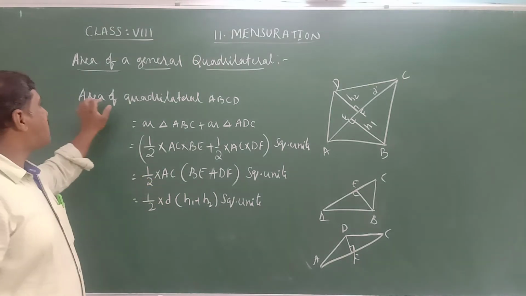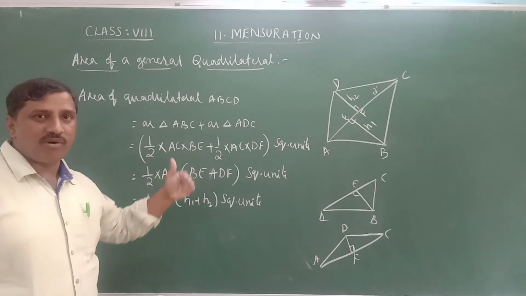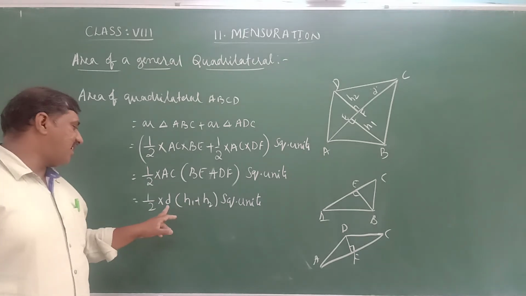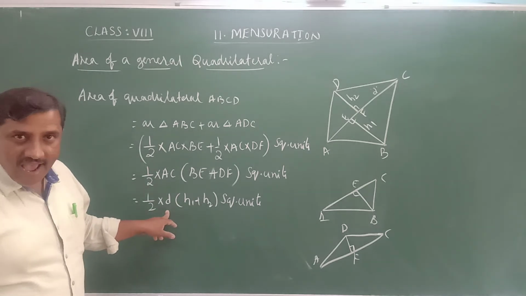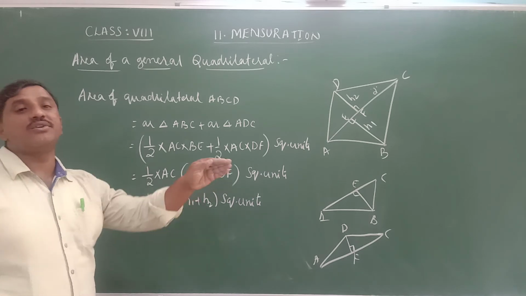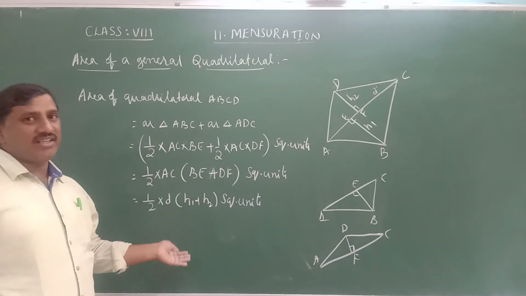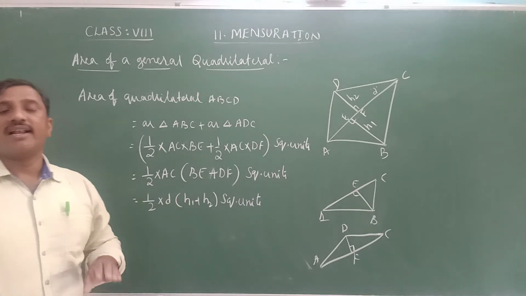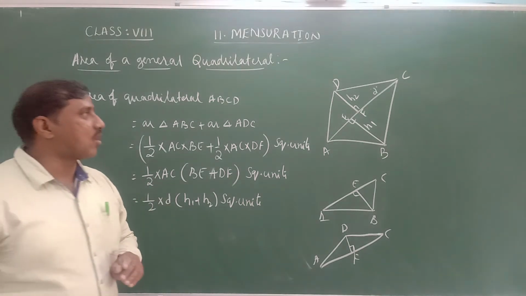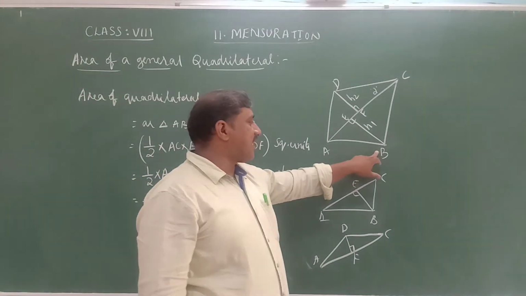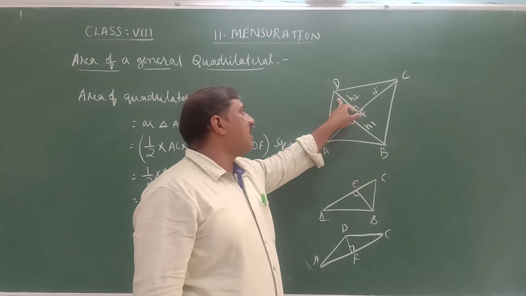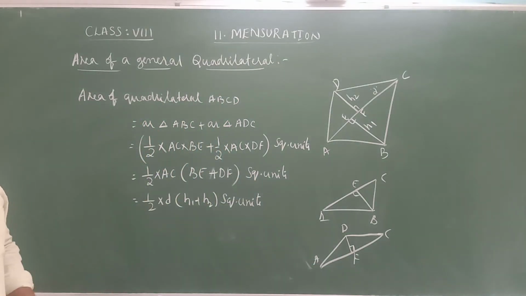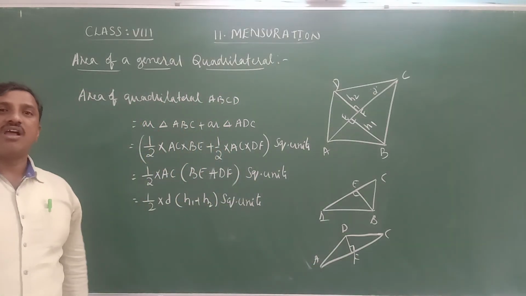So the general formula for the area of a quadrilateral is half into d into h1 plus h2, where d is the diagonal to which the altitudes are drawn, and h1 and h2 are the lengths of the two altitudes drawn from vertex B and vertex D to side AC respectively. So this is the formula to find the area of a general quadrilateral.